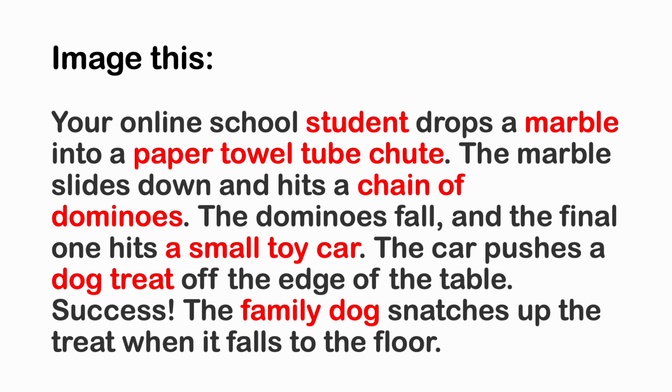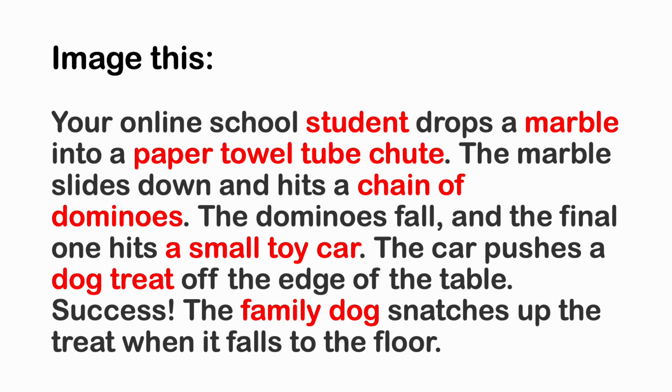The consequence of hitting the dominoes is that the fallen dominoes may hit the small car, right? The toy car gets some pushes from those dominoes. That's another task. And then eventually the car will hit the dog treat.